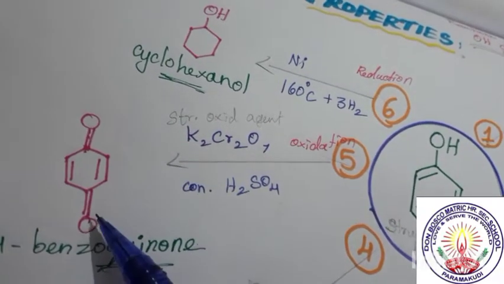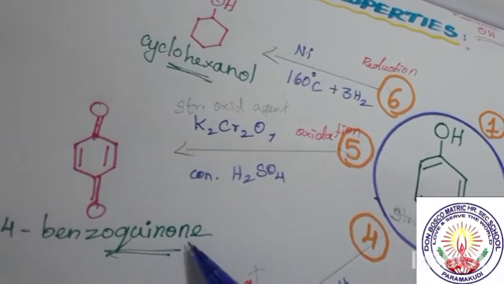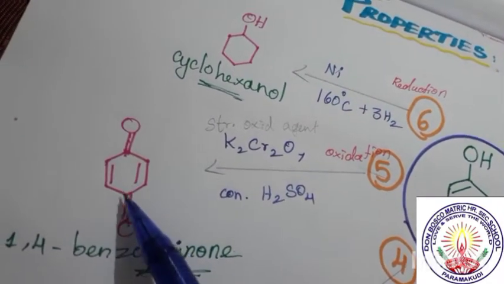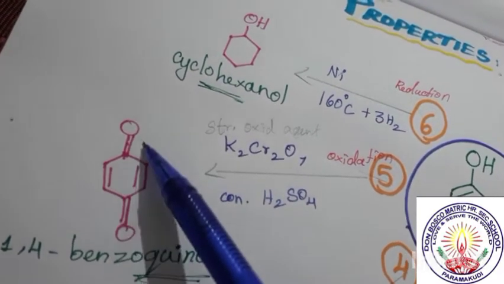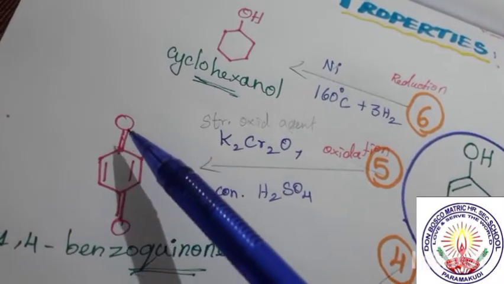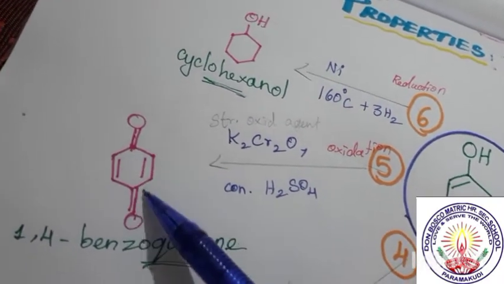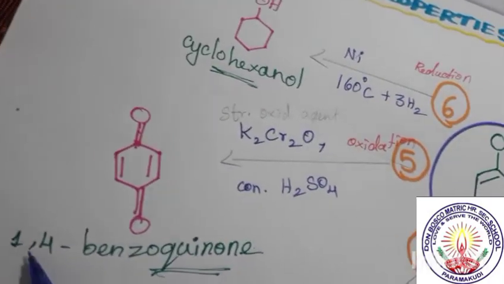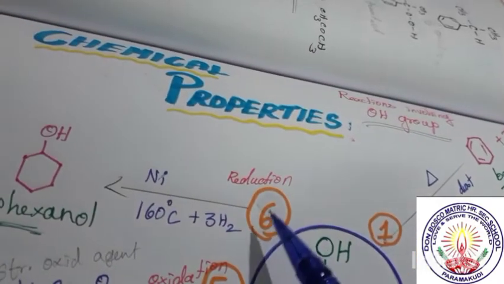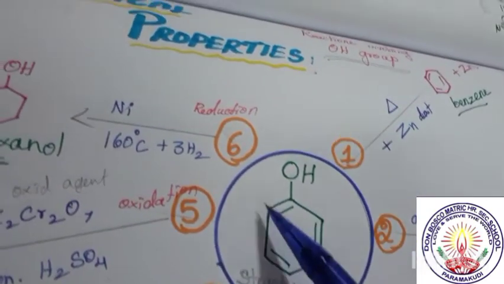When it comes on para, this is quinone. So it is present on the benzene. Benzoquinone has the carbonyl groups in the first position and the fourth position. So 1,4-benzoquinone.